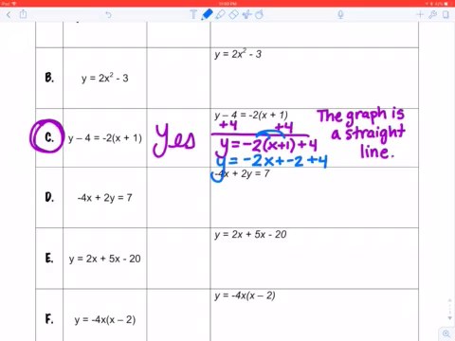And then I can simplify this further by combining the negative 2 and positive 4 there at the end, and I get y equals negative 2x plus 2. And so then, instead of having my reason be that this is linear because the graph is a straight line, my reason could be because the equation looks like y equals mx plus b.